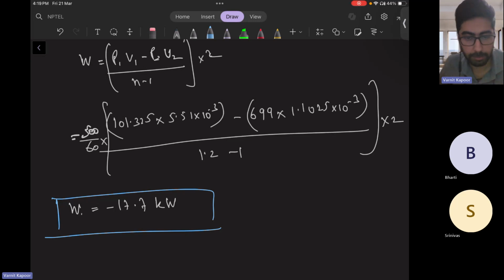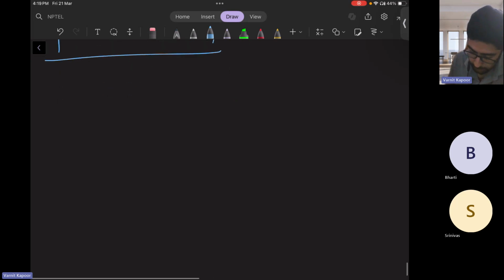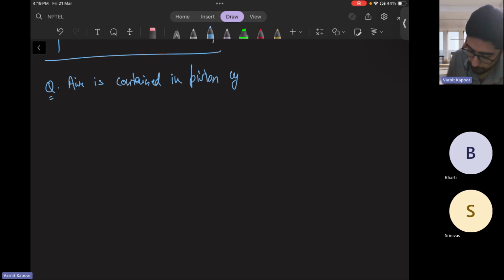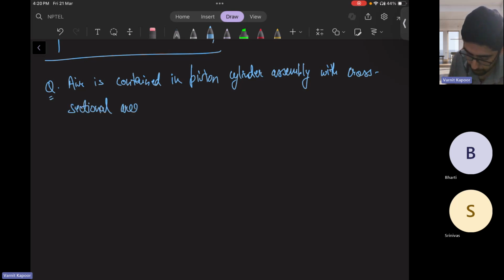Now let's come to the next question. Air is contained in a piston cylinder assembly with cross-sectional area of piston 4 centimeter square.